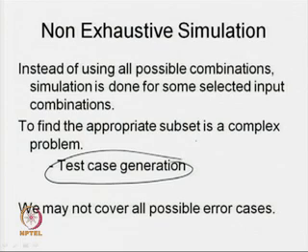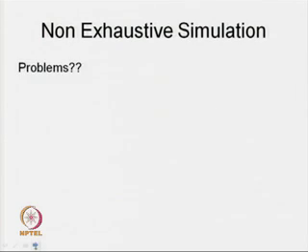So, since we are going for non-exhaustive simulation, what happens? We may not cover all possible error cases. It is quite obvious, because it may happen that some of the combinations may not be captured by the test cases that we have given. Now, from exhaustive simulation, we are coming to non-exhaustive simulation. So, in this case, you just see what may be the problems that we may face.